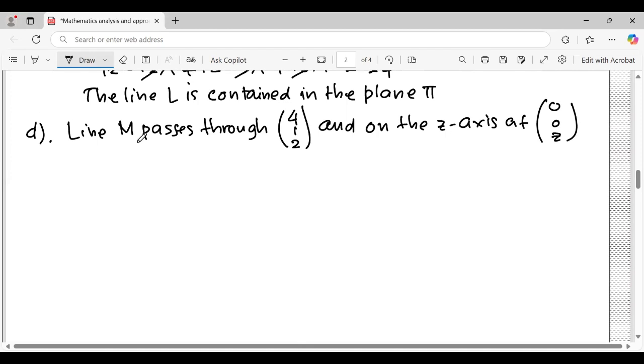So line M passes through this coordinate point and this coordinate point.